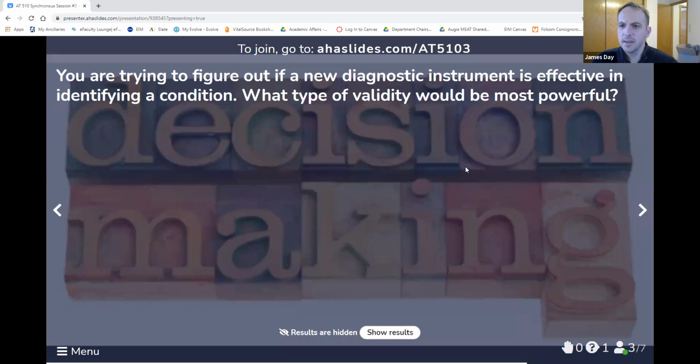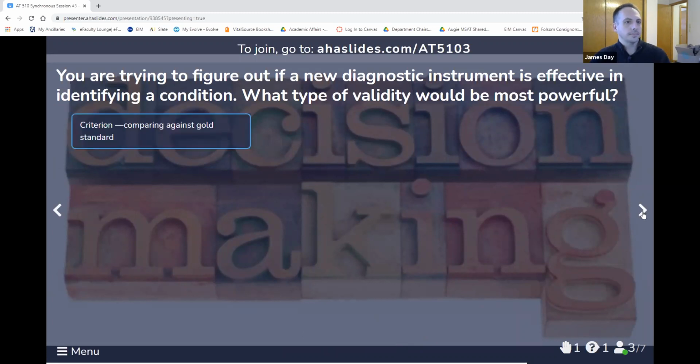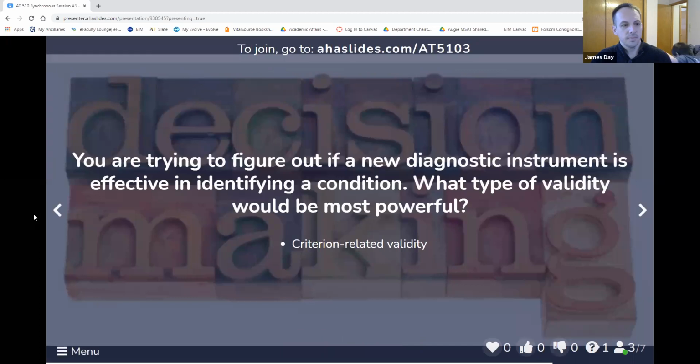I guess if I was going to give you the three, I don't really know why I made this an open-ended question, but. Right, and it is criterion validity.